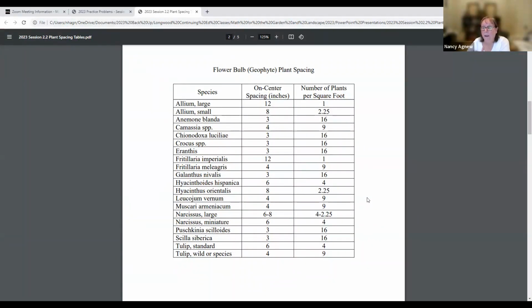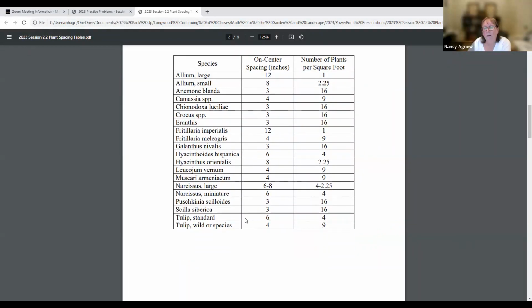Me, I'd be going on the 8 side. You can see there's a couple different types of those. And then the standard tulips, they're still recommending 6. I don't know if I have the patience to plant one every 6 inches in my own garden, so I'd probably still go a little wider spacing, but for display purposes, that's what they're going to aim for. And then the wild or the species tulips are tiny bulbs, so they'd be planted much tighter.